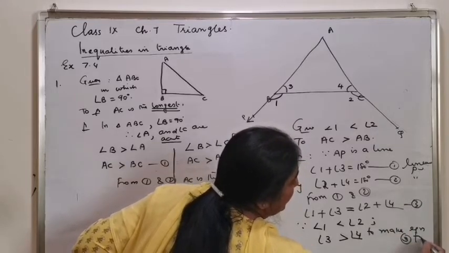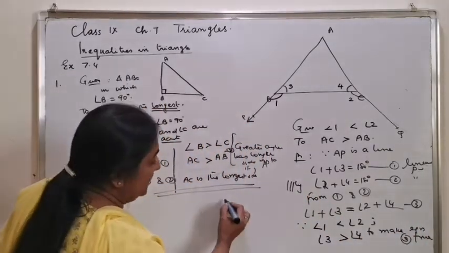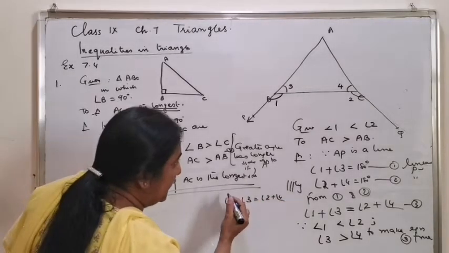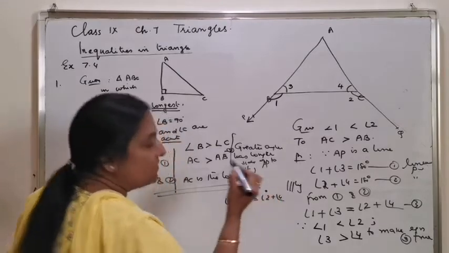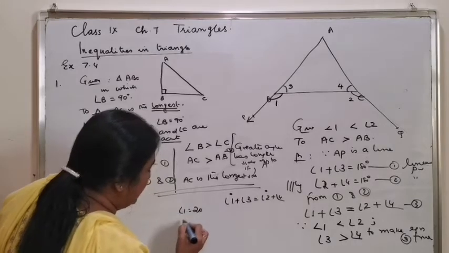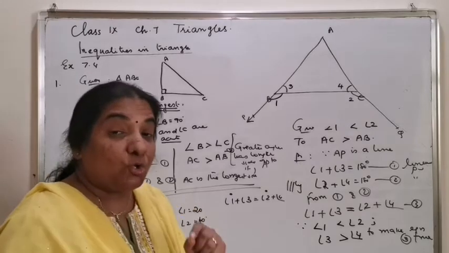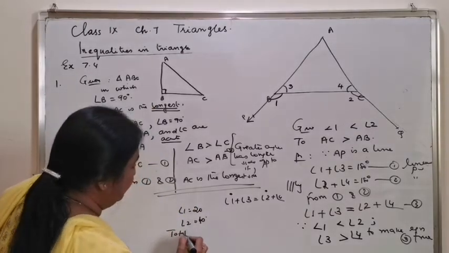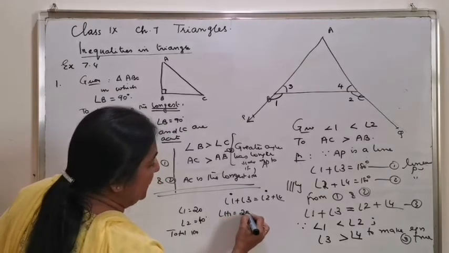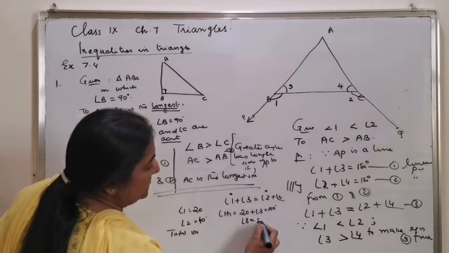Angle 3 has to be greater than angle 4 to make equation 3 true. Let me take an example and tell you. The relation is 1 plus 3 is equal to 2 plus 4 and 1 should be smaller than 2. Let's take angle 1 as 20 degrees and angle 2 as 40 degrees. And the total I want is 100. That means on the left hand side, 20 plus angle 3 has to be 100 degrees, so 3 is 80 degrees.